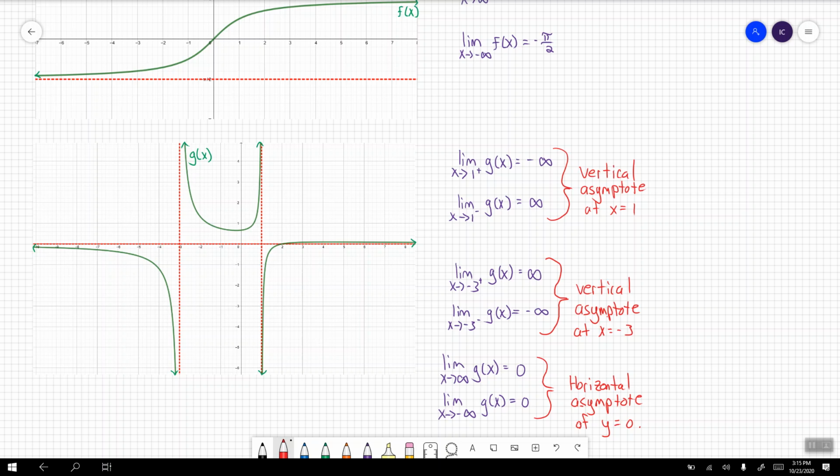So on the right-hand side, what we wrote out here for the vertical asymptotes and the horizontal asymptotes, this is a type of work that I am going to want to see as we proceed through the course when we're analyzing asymptotes or when we're analyzing end behavior for these graphs. We want, or I want, this calculus interpretation of what it means to be a horizontal asymptote and what it means to be a vertical asymptote.